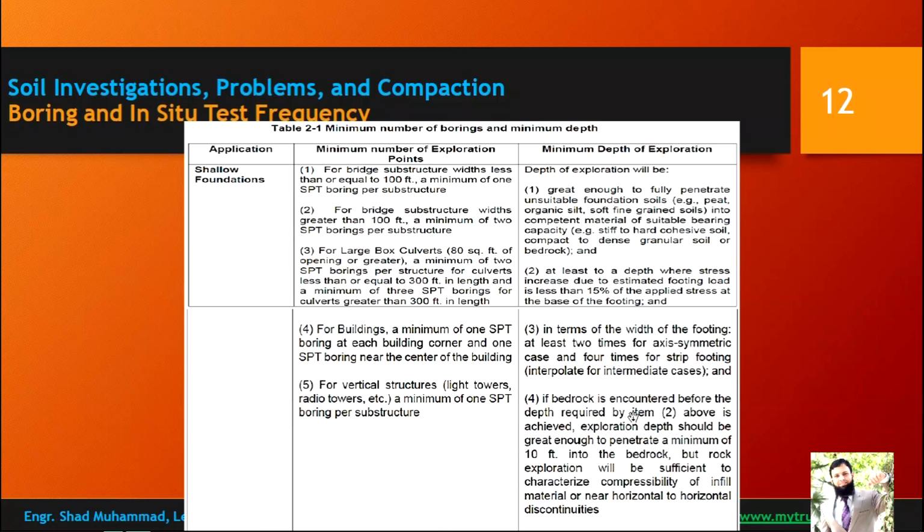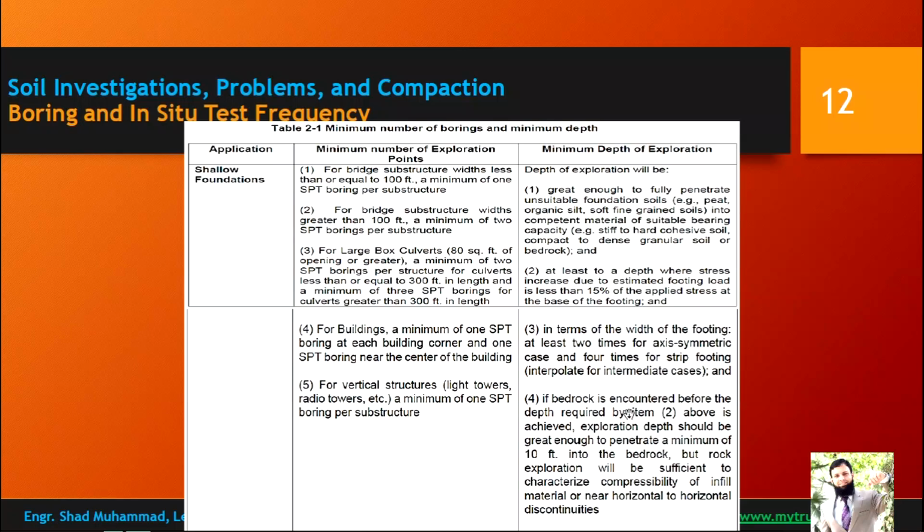If bedrock is encountered before the depth required by item number 2 above is achieved, exploration depth should be great enough to penetrate a minimum of 10 feet in bedrock, but rock exploration will be sufficient to characterize compressibility of infill material and near horizontal to horizontal discontinuities.